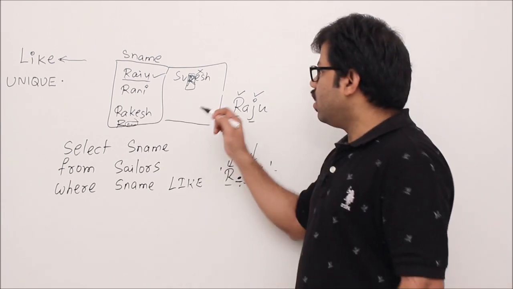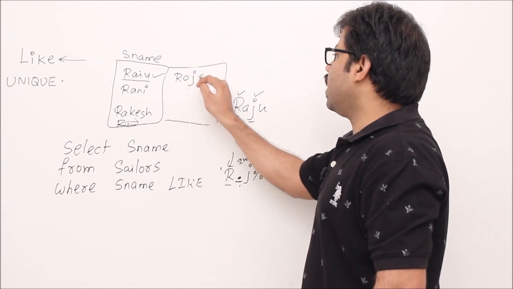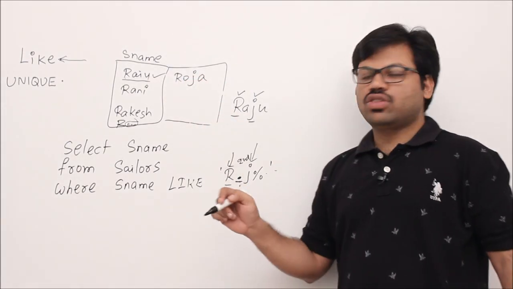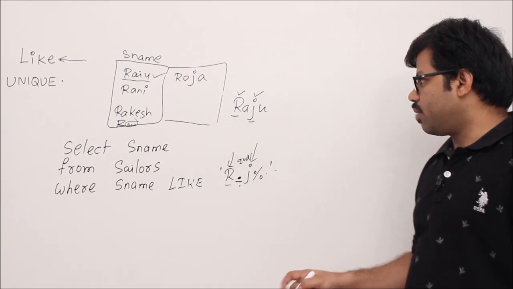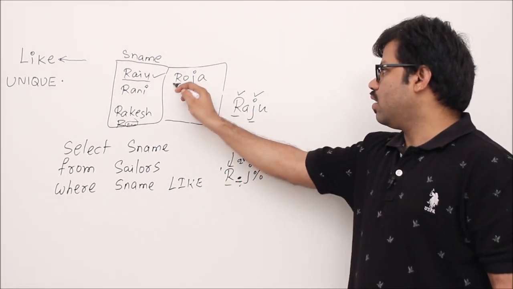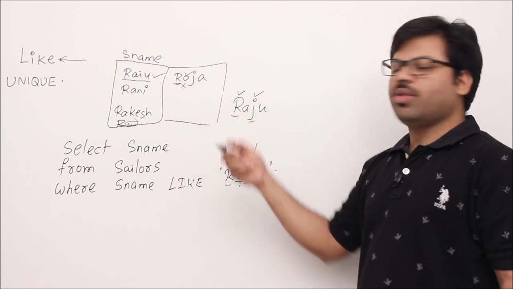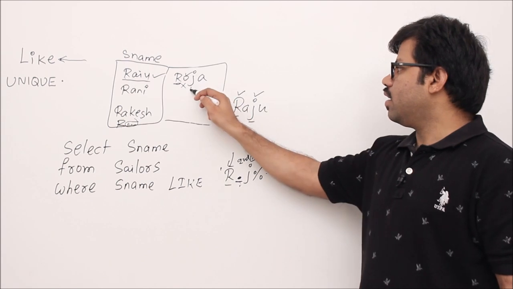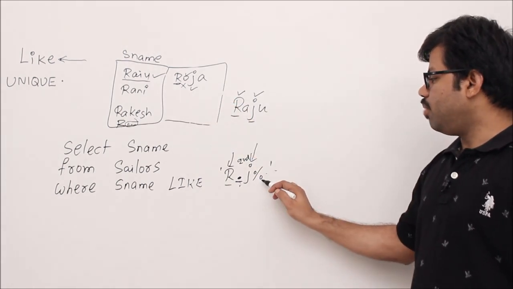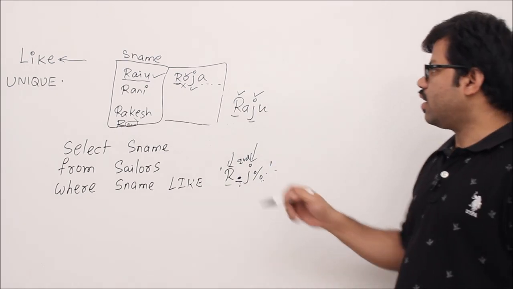Example, here you have Roja, one sailor. That Roja also will be printed because of this like operator, because Roja matches this condition. First letter R, second is underscore, that means the second letter can be anything. Yes, O is also possible. Third letter is J, yes, perfectly matching. Then percentile, after that some sequence of characters, correct.